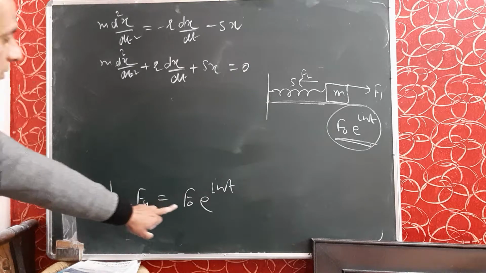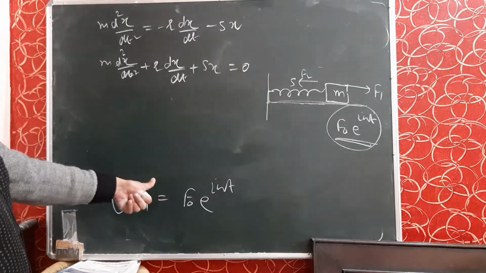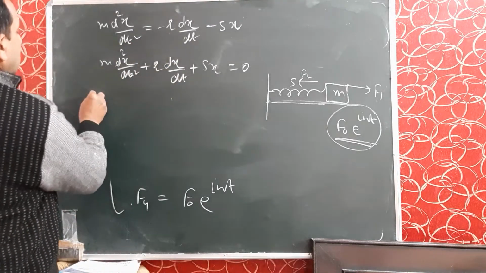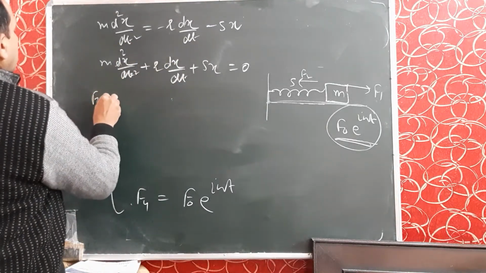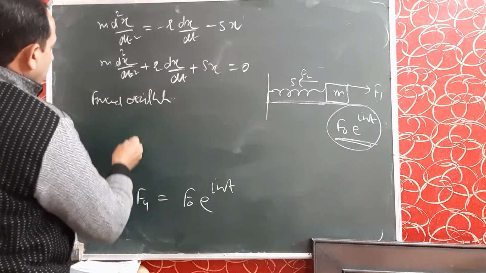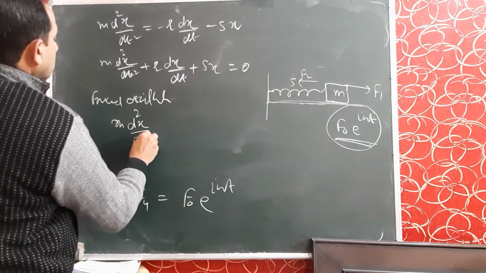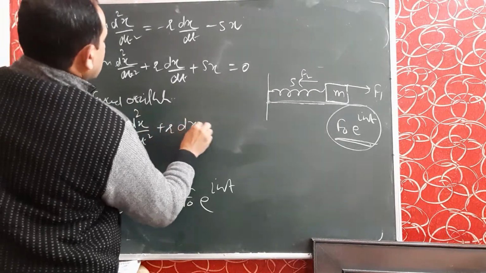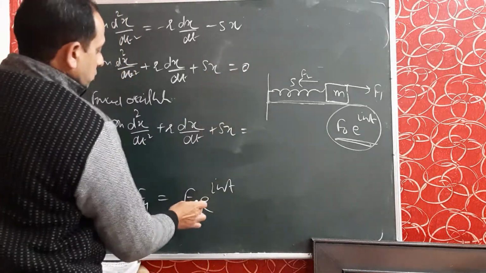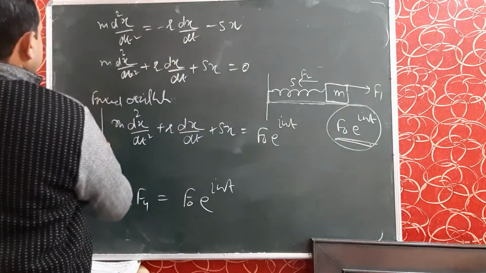Now the additional force is applied on this equation, and finally the equation of forced oscillator will become m d square x by dt square plus r dx by dt plus sx is equal to this force f naught e power iota omega t.